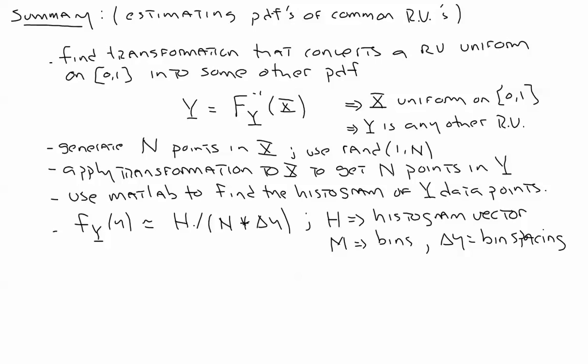You can either specify that up front when you're calculating the histogram, or you can let MATLAB calculate it for you. You can plot the probability density function estimate if you wish.